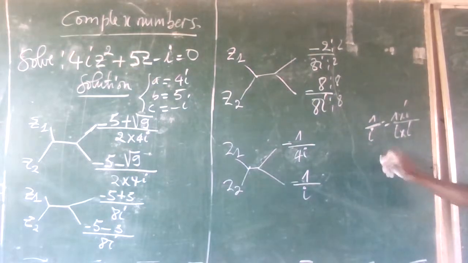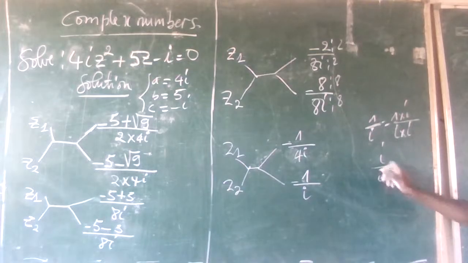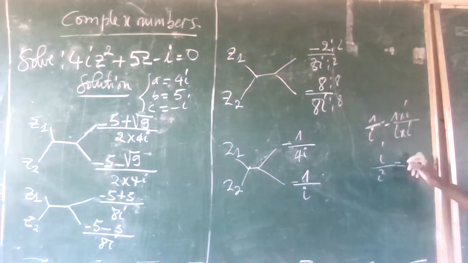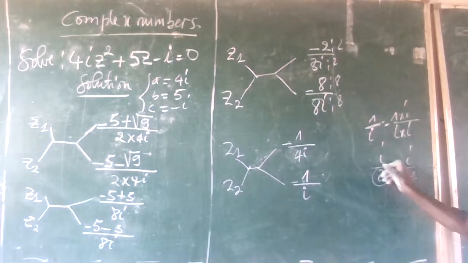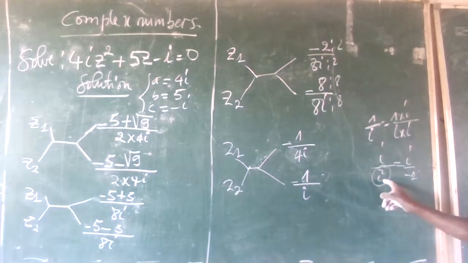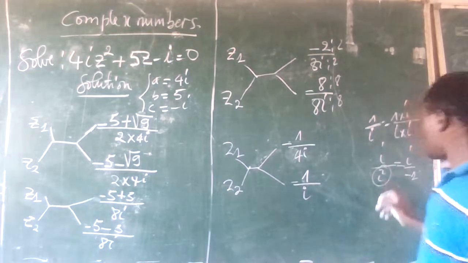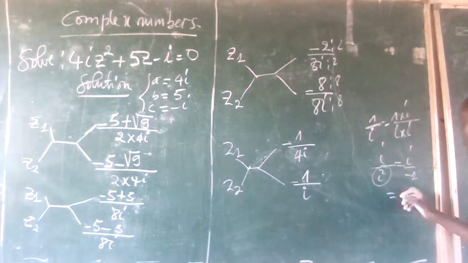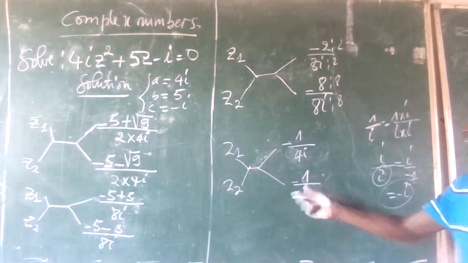Then we remain with this i over i square, which is equal to i over minus 1, because i square is equal to minus 1, right? So now we remain with the minus i.